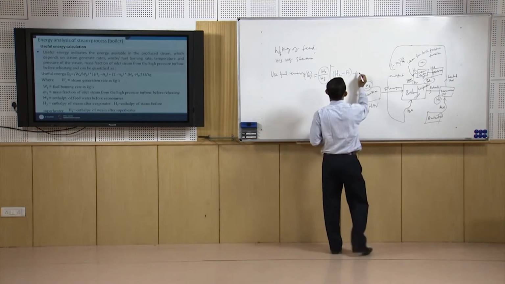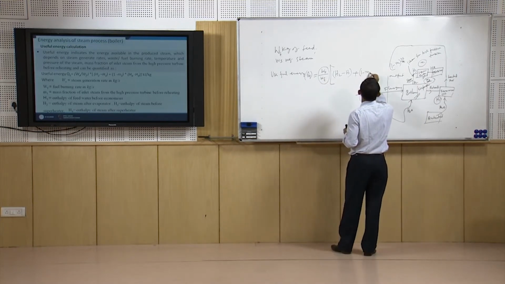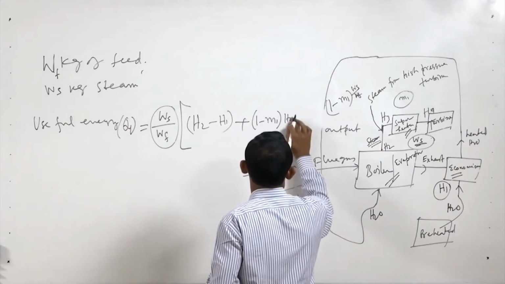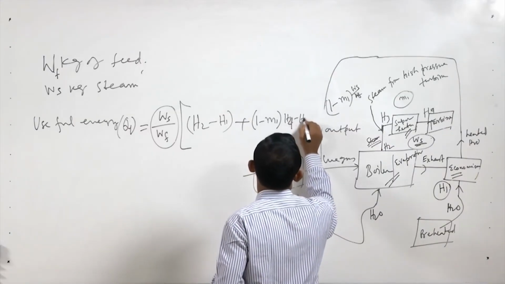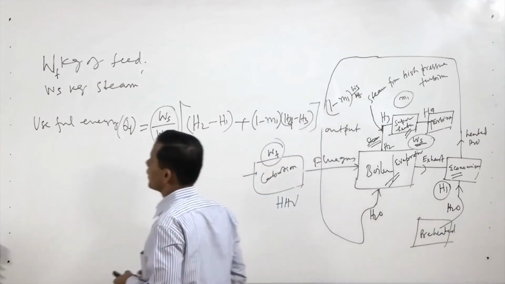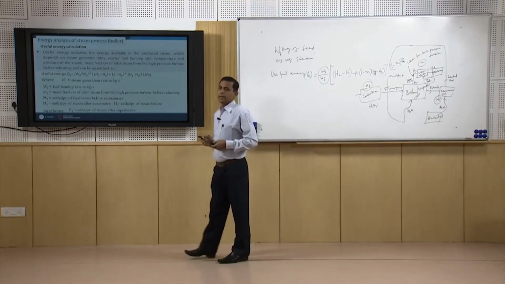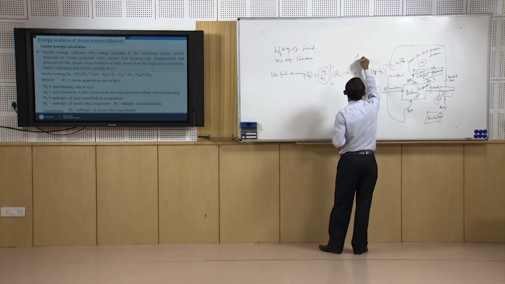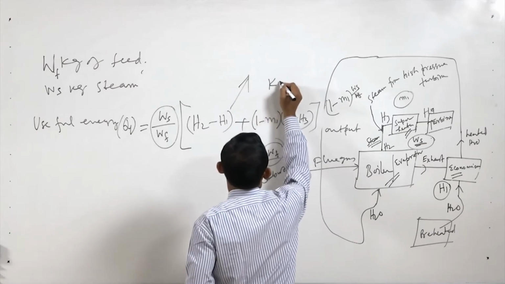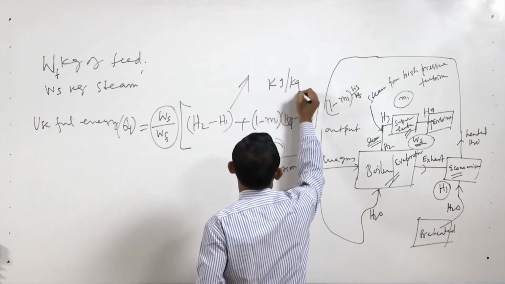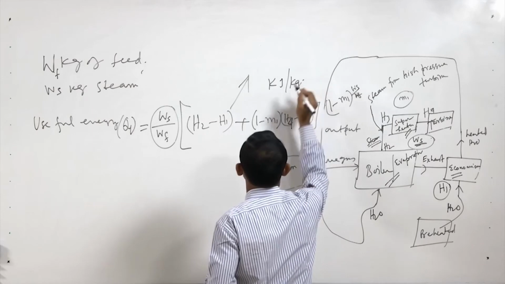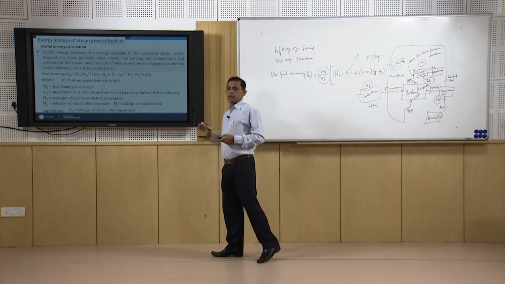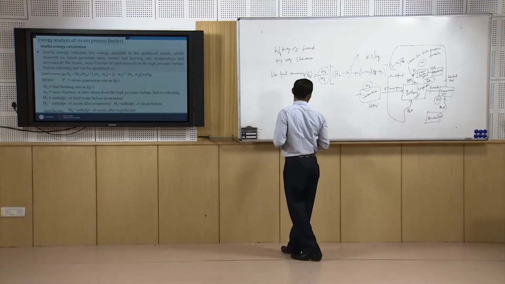That is why this will be 1 minus M1 into H4 minus H3. So, this is the heat content, or energy, we are getting in useful form, in kilojoule per kg of feedstock. This is our useful energy.